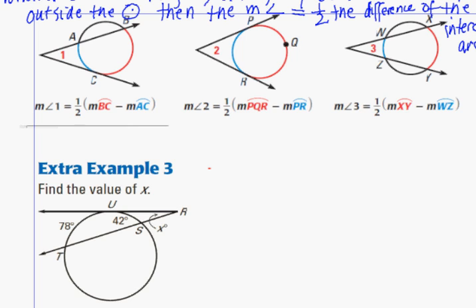Okay, so we're back, and now we're going to look at one more relationship. It involves 3 different cases. When a secant and a tangent, that's this figure at the left here, 2 tangents, or 2 secants intercept outside the circle, so the intersection of these line segments is on the outside, then the measure of the angle is 1/2 the difference of the intercepted arcs.